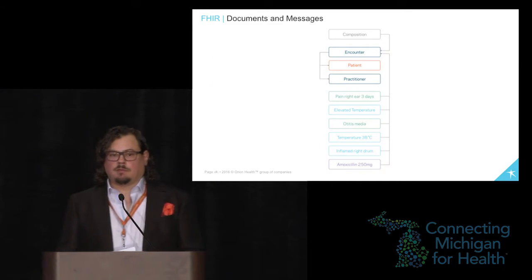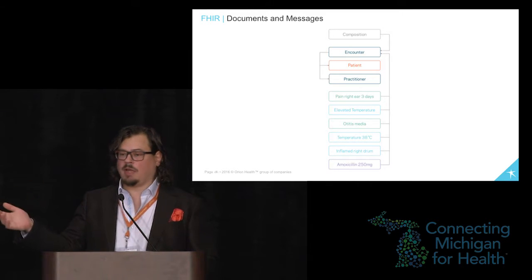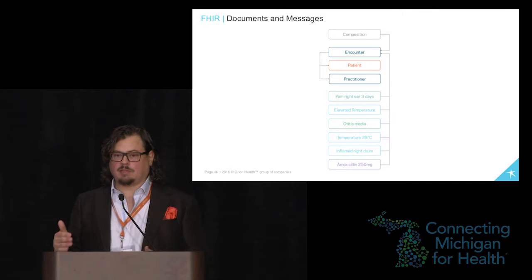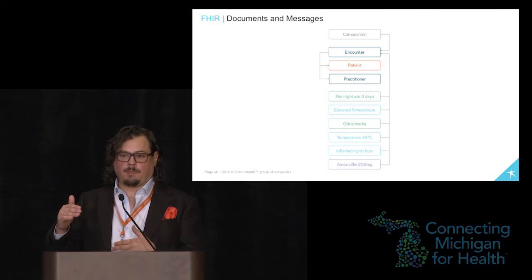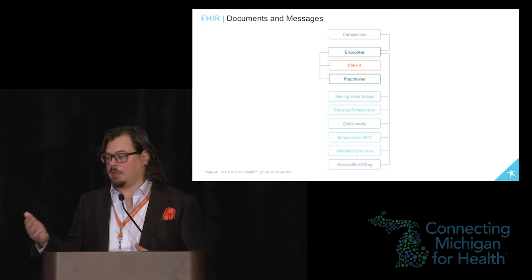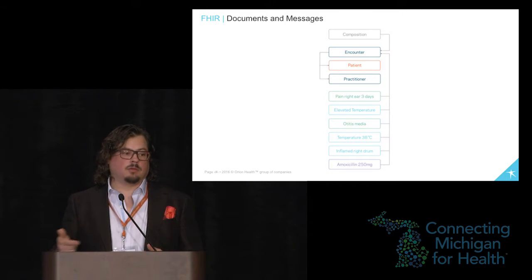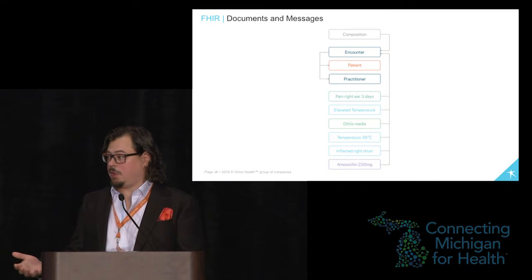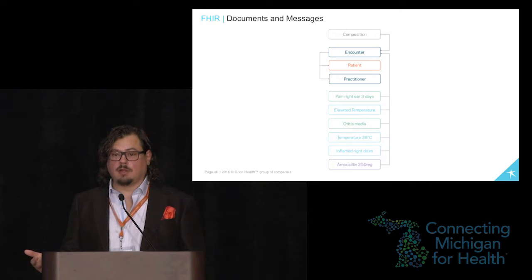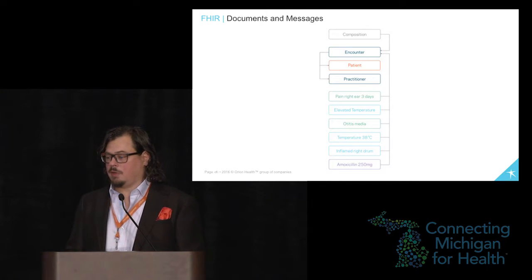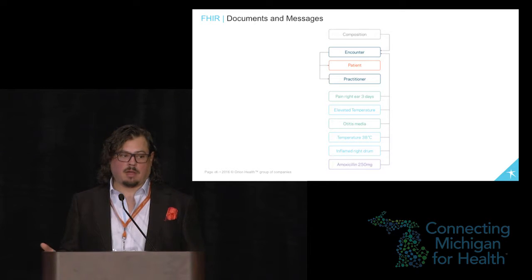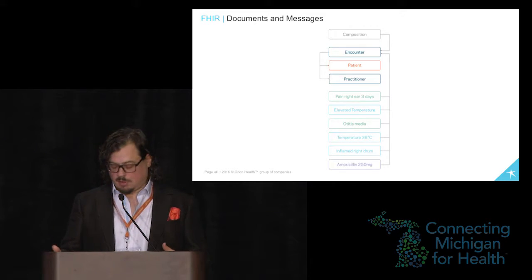So documents themselves, the same way that we had an individual resource or a message, we're going to build those individual pieces together. So we're going to create that composition, and we're going to include or describe all of the various pieces of that information that we want to exchange, whether that's a message notifying about an event such as an admission or a discharge or a scheduling event, or that summary of care or history of care, that full document, everything that we want to send out.